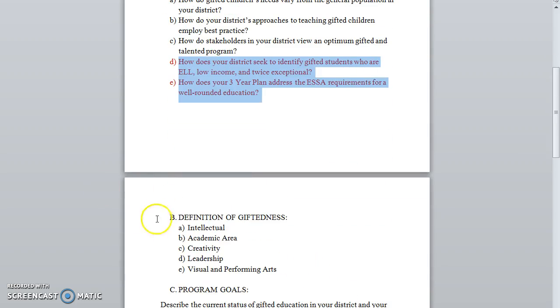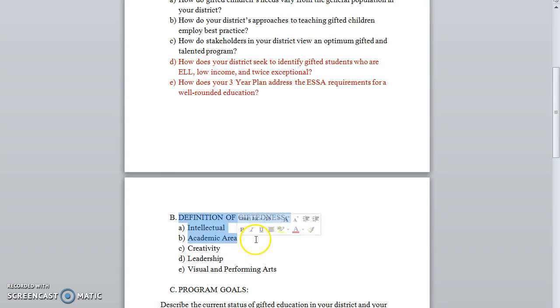Here again are the 5 areas. Most districts are pretty good at covering the intellectual and academic areas because those can be tested fairly easily with IQ tests or measurements.